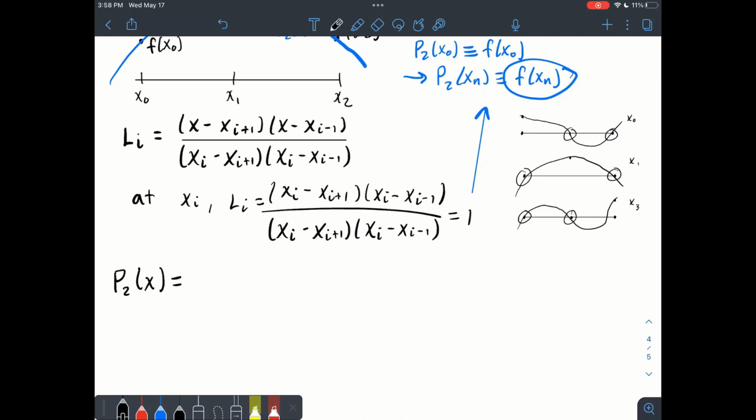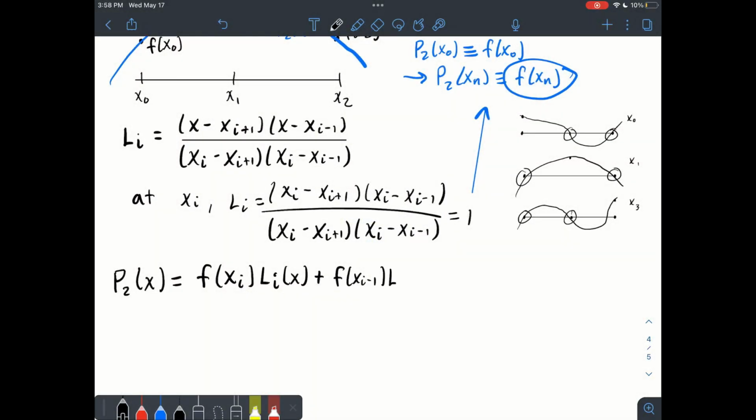At the central point, I'm going to have f of xi times Li of x, because this was a function. So that's just going to be one part. And as you might imagine, we need other pieces of this puzzle. We're going to have f of xi minus 1.